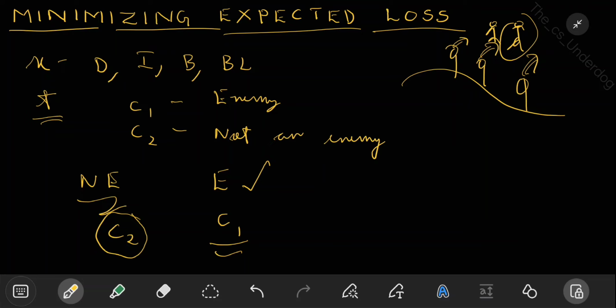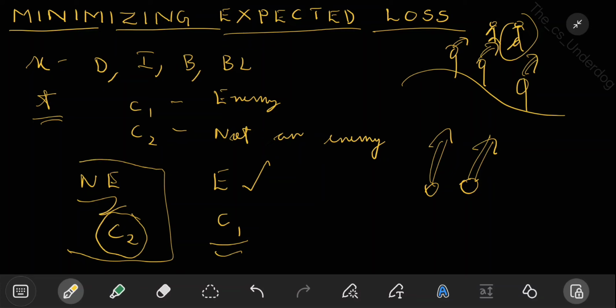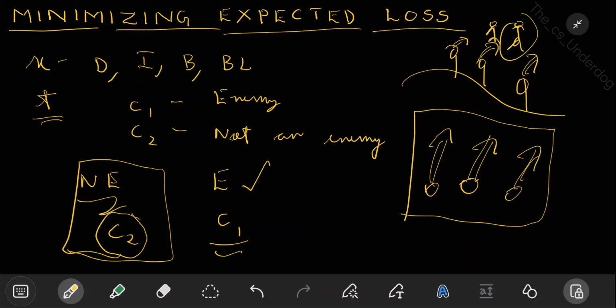You have to send the troops to that area to make sure that this enemy won't attack. But what is the reality? In real, it is not an enemy, right? It was actually in C2, but your model wrongly mentioned it as C1. Because of that, you had to send the troops. So the loss you incurred is that extra loss of having to send the troops unwantedly, right? This is the loss that you have in this case.